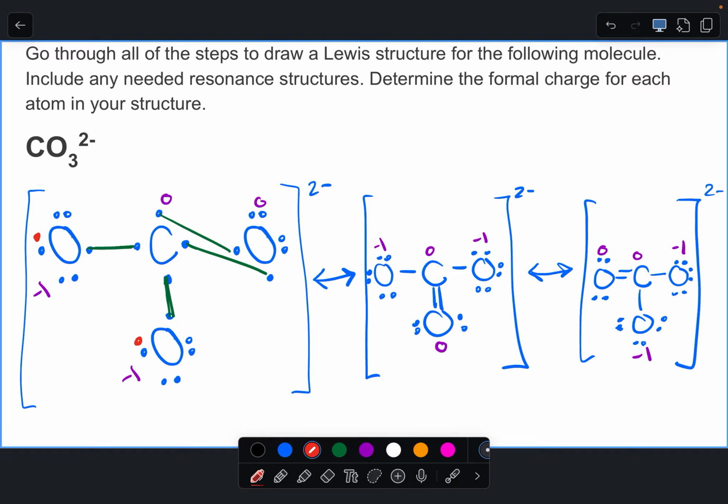Okay, so first thing that we always do is draw the atoms with the correct electrons, then start forming bonds. And when you do that, you need to make sure that for carbon, nitrogen, oxygen, and fluorine, you're satisfying the octet.